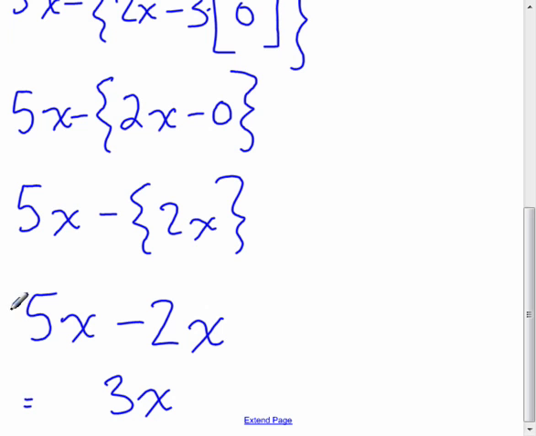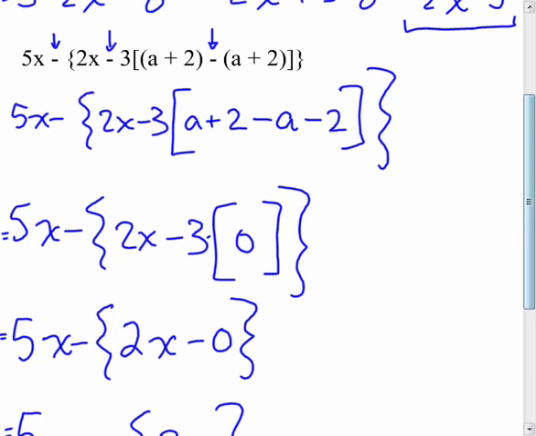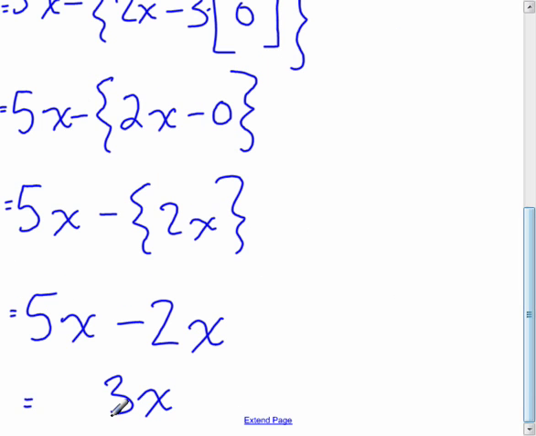Because these are equal expressions, I should write an equal sign in front of all of them, because they are all saying the same thing. Initially it was complicated, then as we went we got simpler, simpler, simpler, until we had finally simplified that expression.